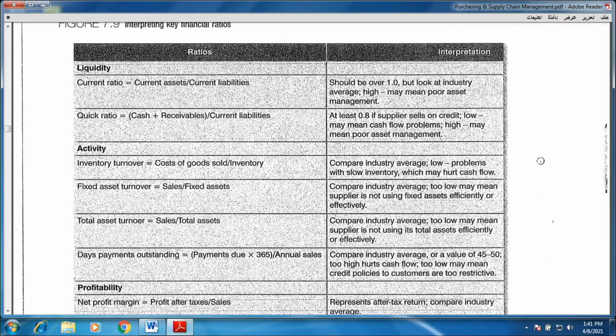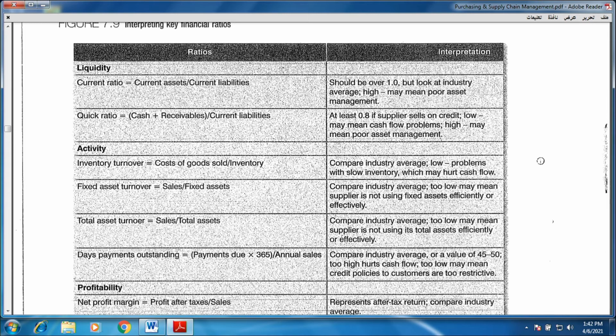Here we have two liquidity ratios. The current ratio is the current assets divided by the current liabilities; both numbers come from the balance sheet. For the quick ratio, we deduct the inventory from the numerator, so it's the current assets minus inventory, or you can say the cash plus receivables, divided by the current liabilities.